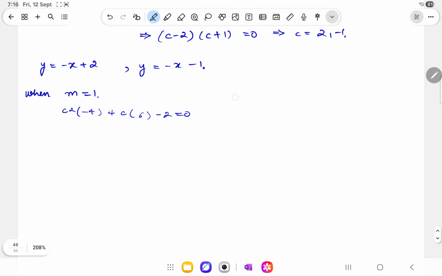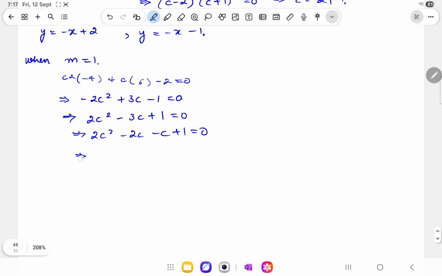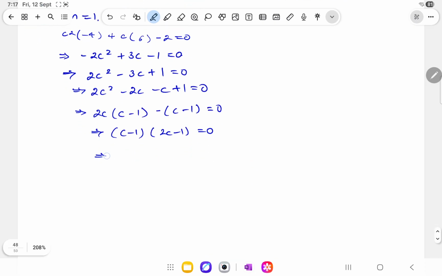If I solve it, I'll get minus 2c square plus 3c minus 1 equals 0. So this is 2c square minus 3c plus 1 equals 0, and I can write it as 2c square minus 2c minus c plus 1 equals 0. I can take 2c as common, and here I can take minus 1 as common. So this equals c minus 1 into 2c minus 1 equals 0. From here I got c as 1 and c as 1 by 2.